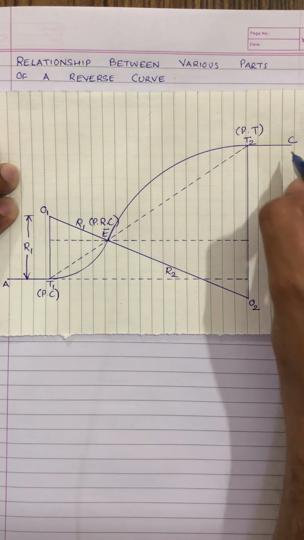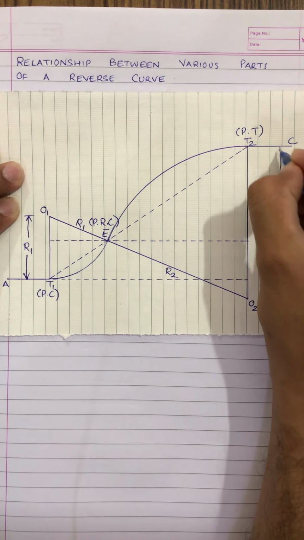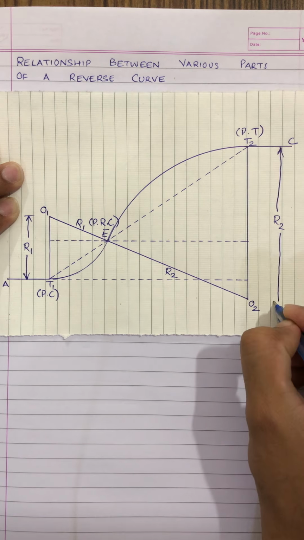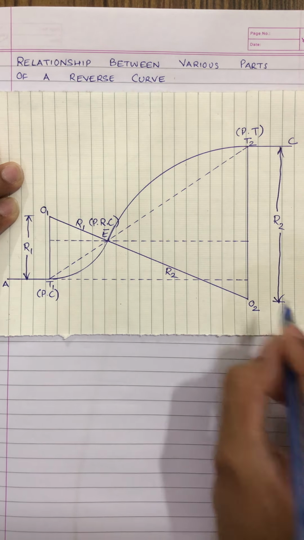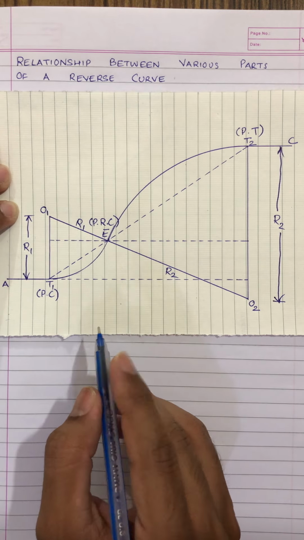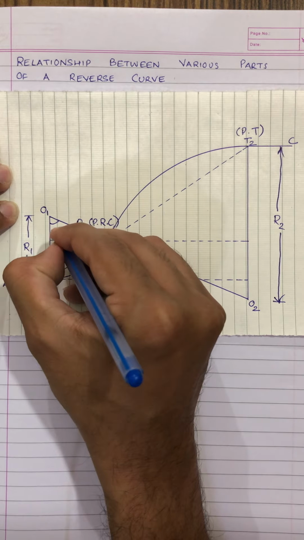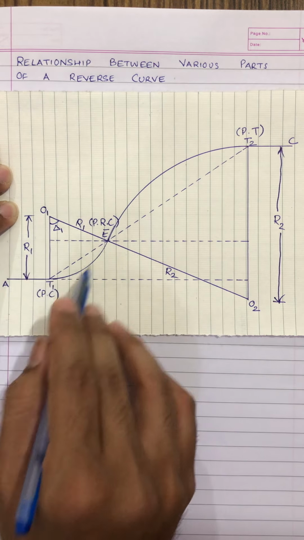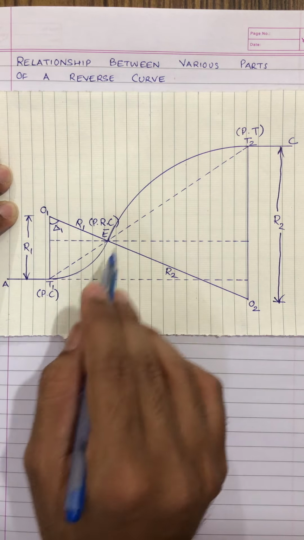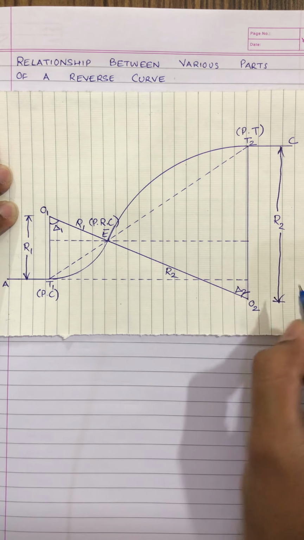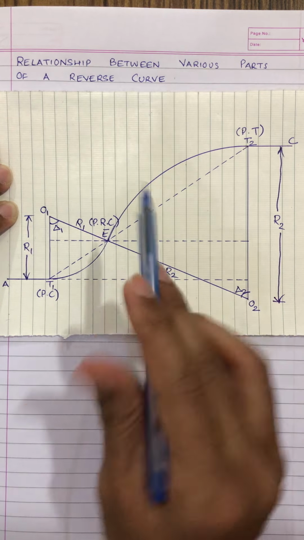So this is R2, so obviously this will also be equal to R2. Let this be the central angle delta 1 for this curve T1E, and let this be the central angle delta 2 for this curve T2E.